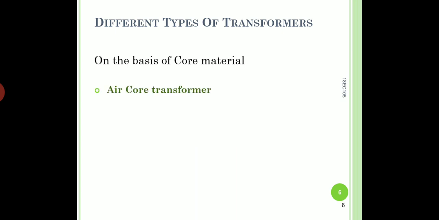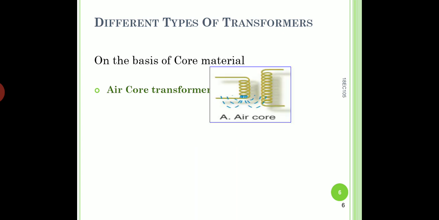As we can see in the figure, there will not be any physical core. The core present is air, and the primary winding and secondary winding will be placed in the vicinity of the magnetic field or the magnetic flux of the coil. Then there will be interaction between the two coils, and then it works.